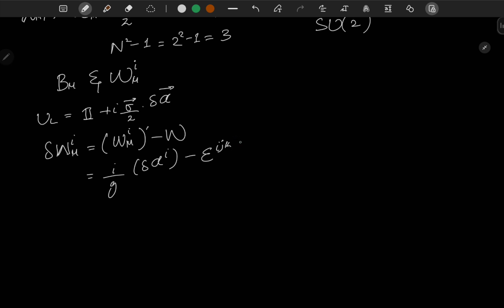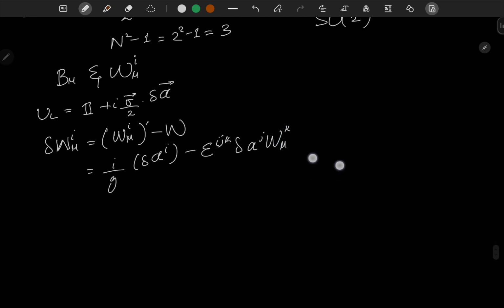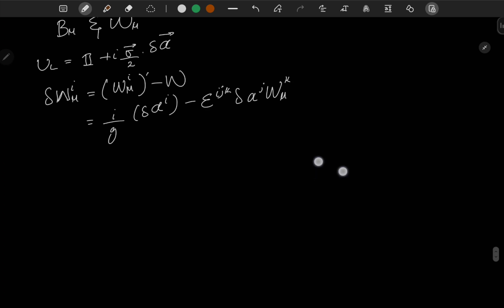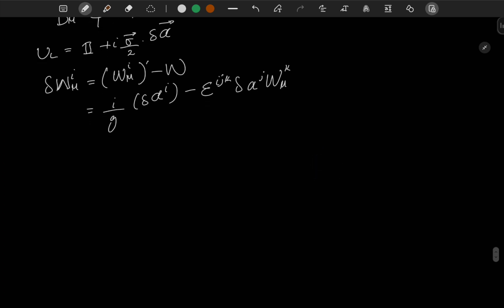This is the structure constant epsilon ijk, and it is similar to what we did in the case of QCD. So these are the structure constants for SU(2) symmetry.